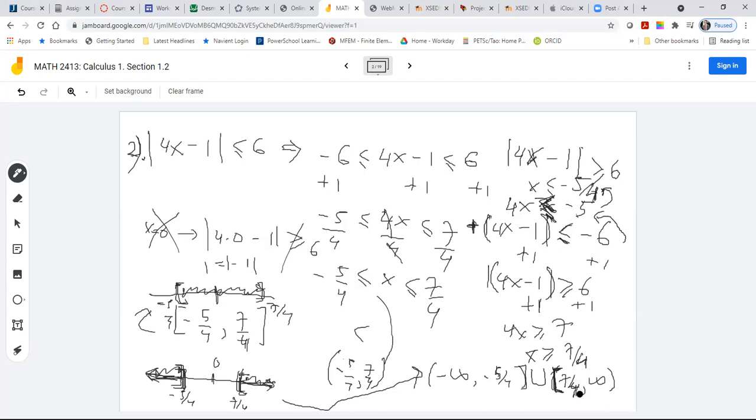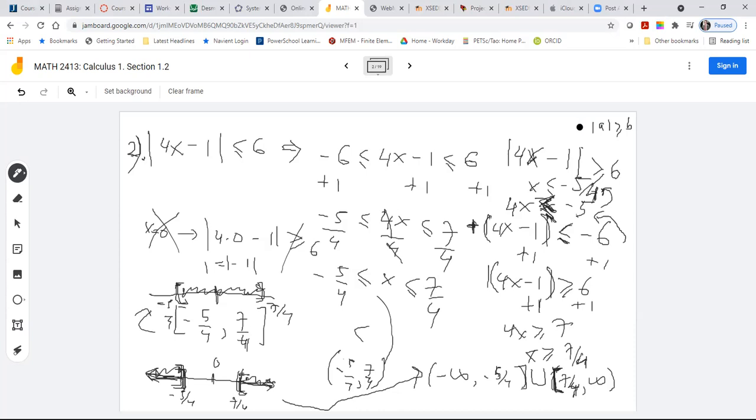So how do you know when you're supposed to flip the inequality? Is that just how it is because it's an absolute value? Yes. So if you have an absolute value, actually by definition it's like this. If you have absolute value of A greater than, for example, B, right?